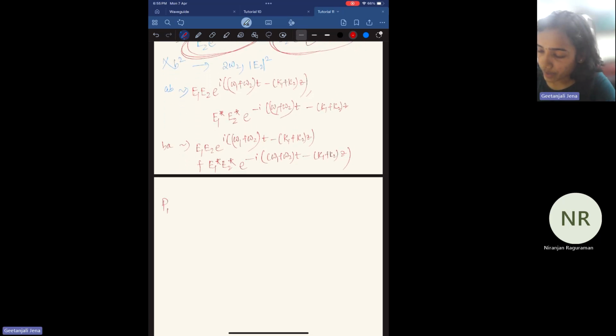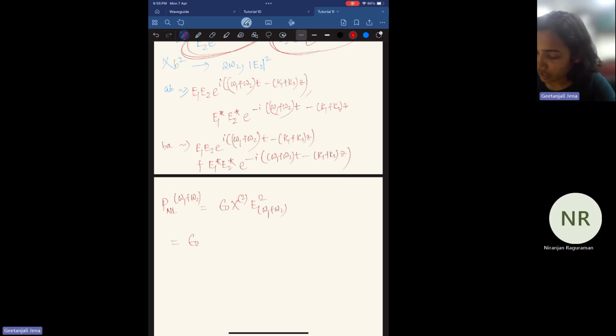So now we have P NL at omega 1 plus omega 2 for sum frequency. This is epsilon naught chi 2 E squared for omega 1 plus omega 2.